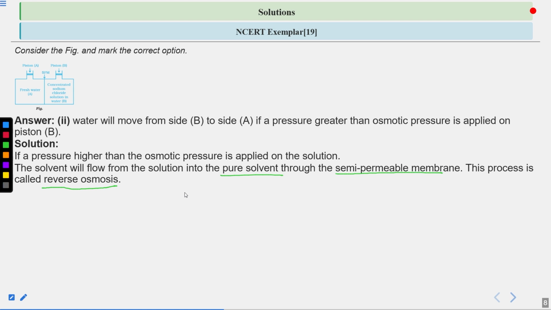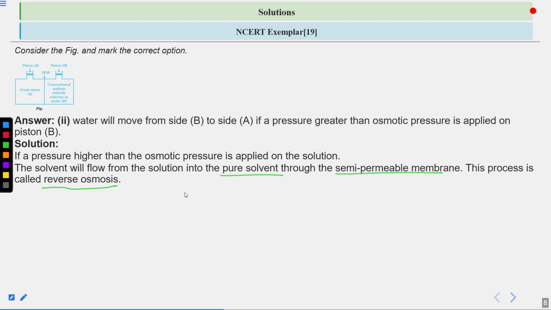So basically, the osmotic pressure you can say is the minimum amount of pressure you have to apply on the solution so that the inward flow of the pure solvent will be prevented across a semi-permeable membrane.